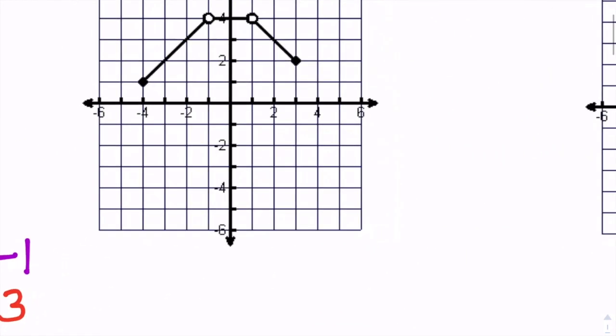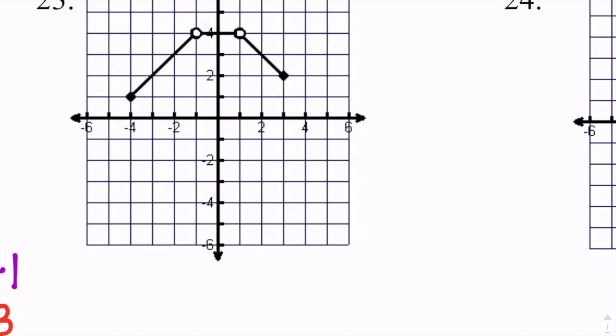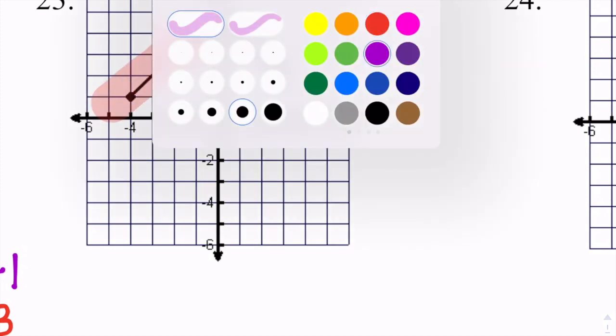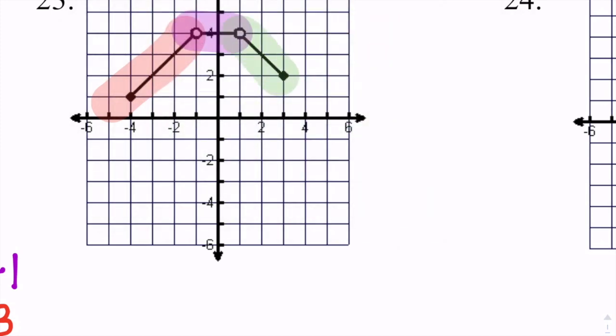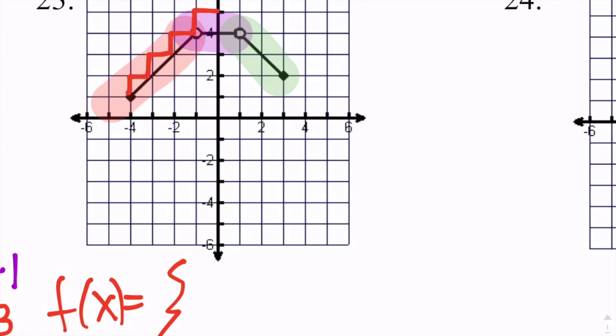Now if we come over here, we actually have 3 sections to this graph. So we have one section right there, one section here, and one section there. So if I start with the red function, we're going to have f of x equals, and so we want to notice we have a slope of 1 here, and then if we were to continue that slope, we would cross the y-axis at 5 right there, so it's going to be x plus 5.